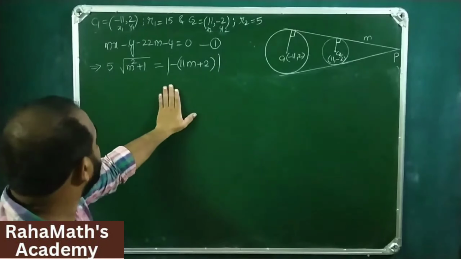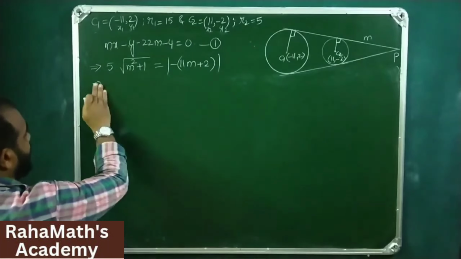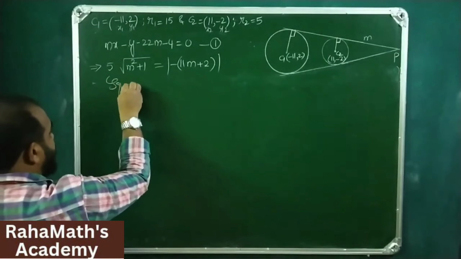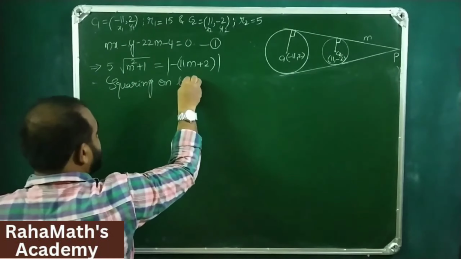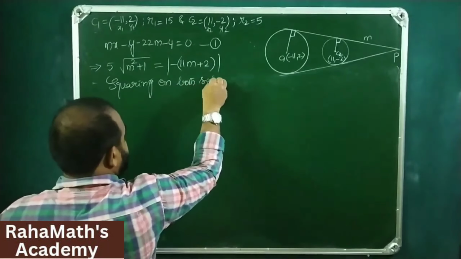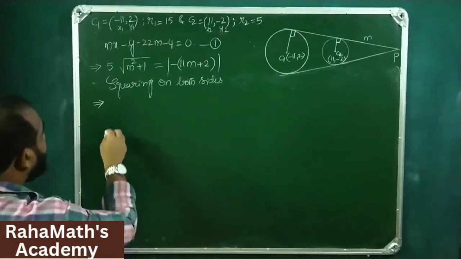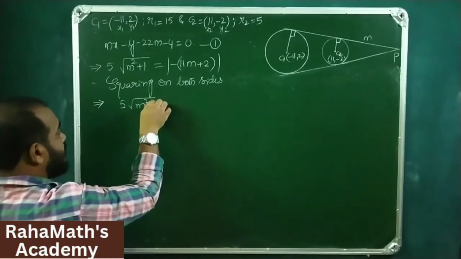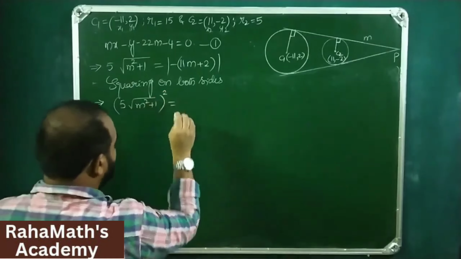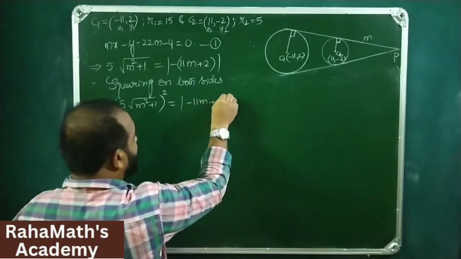Let us continue. Okay. So let us do squaring on both sides. Then 5 into square root of m square plus 1, whole square, equals modulus of minus 11m plus 2, whole square.